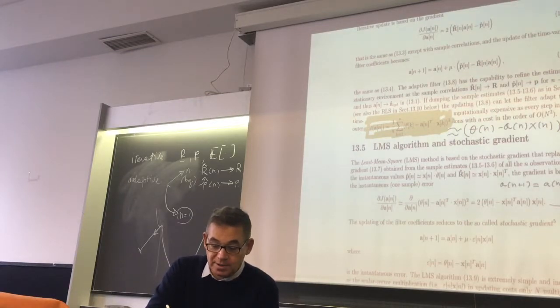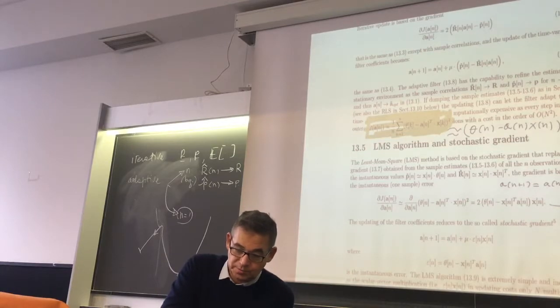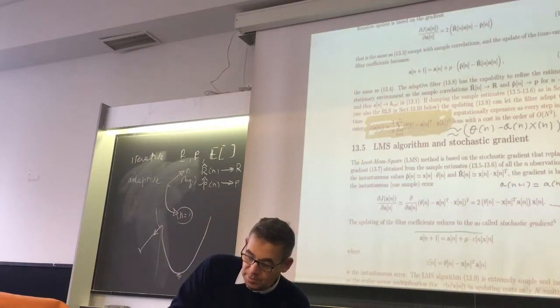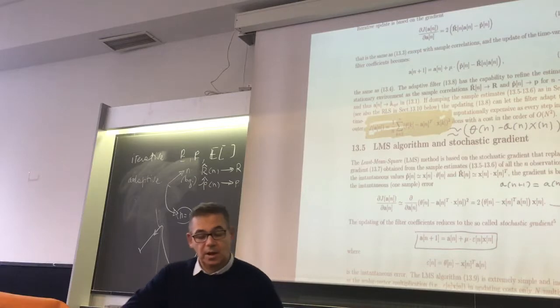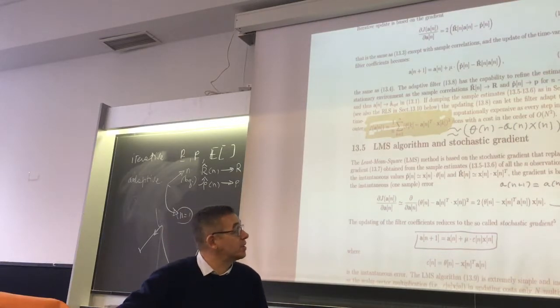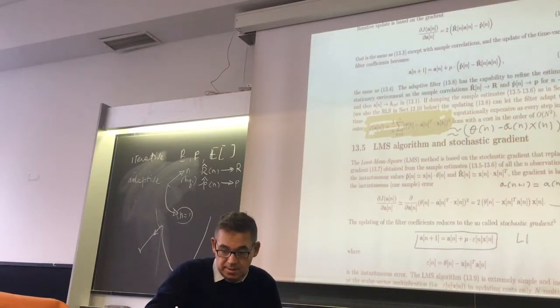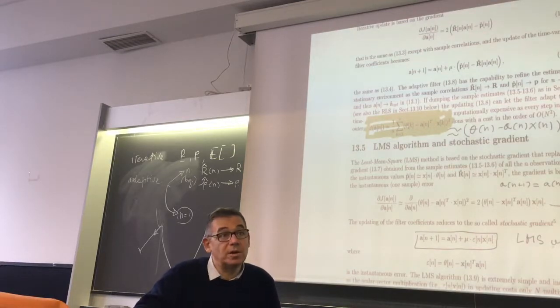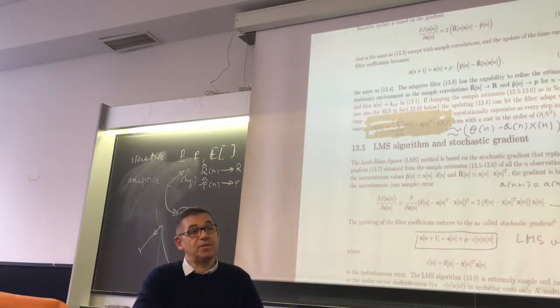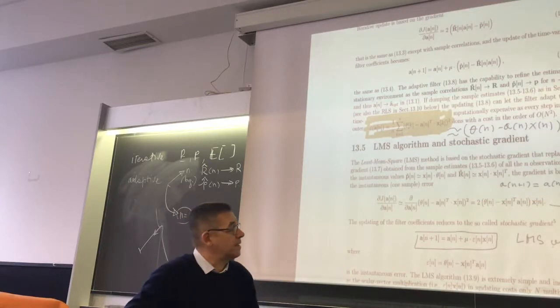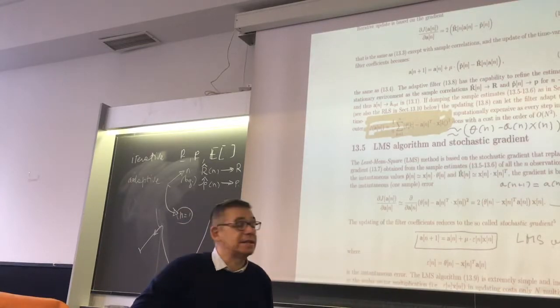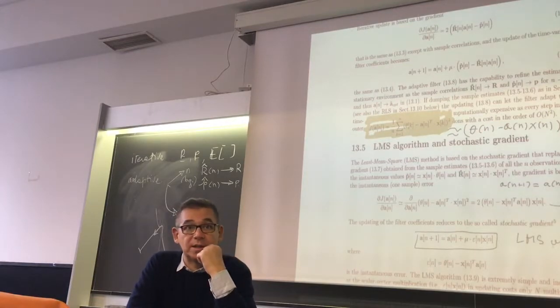If I plug this in, I get a new relationship. This new relationship is called the least mean square update, and the method is called least mean square adaptive filtering, because the rationale is this least mean square update.